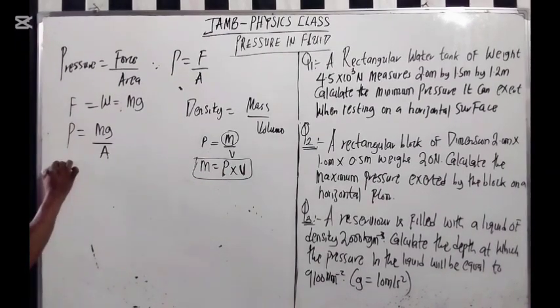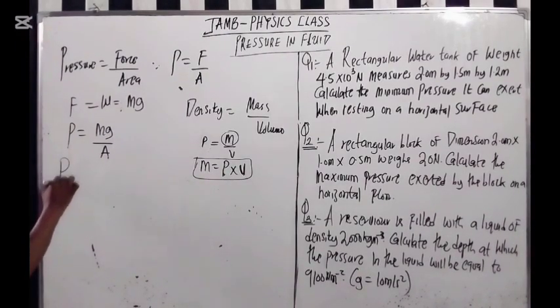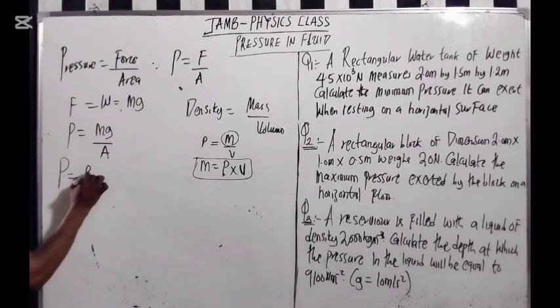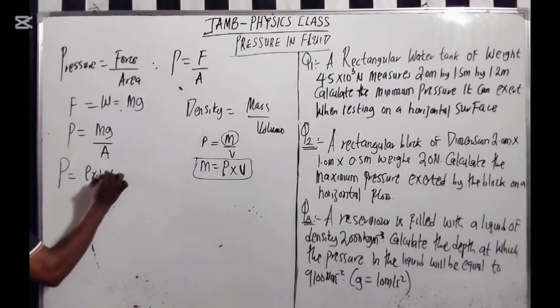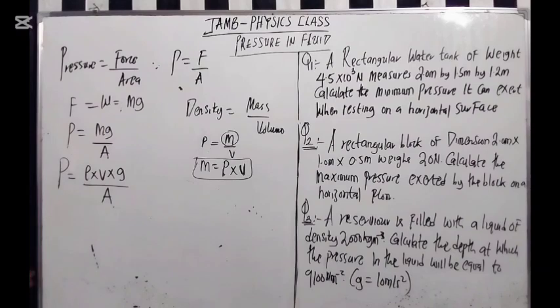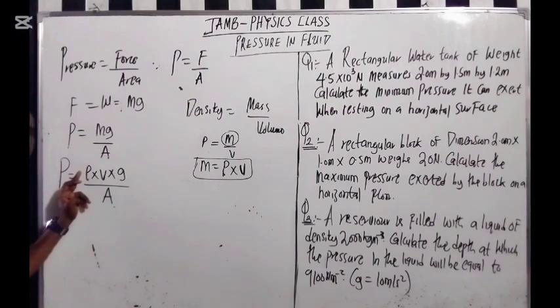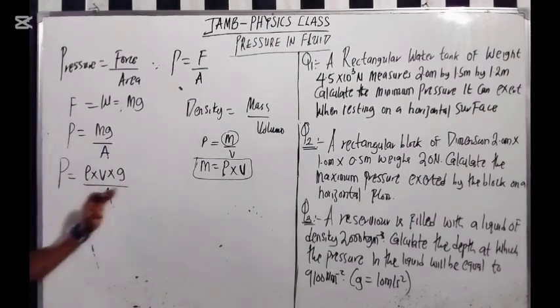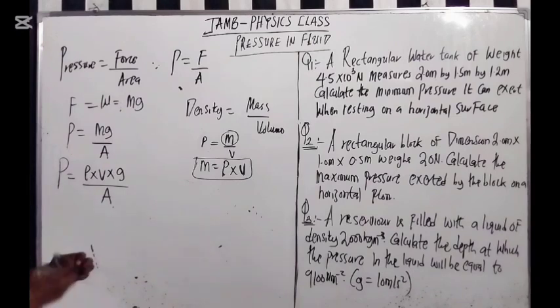So the pressure P equals density times volume times g over A. The pressure equals the density of the fluid times volume times acceleration due to gravity over the area.